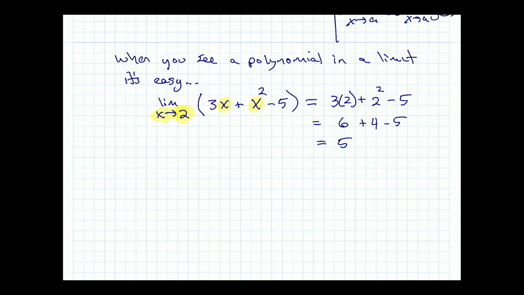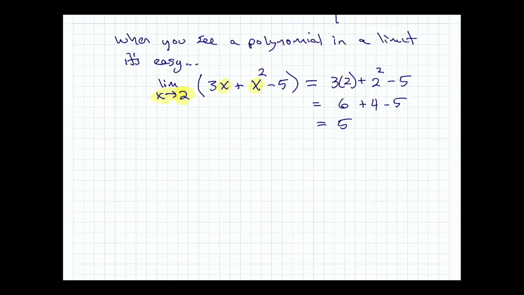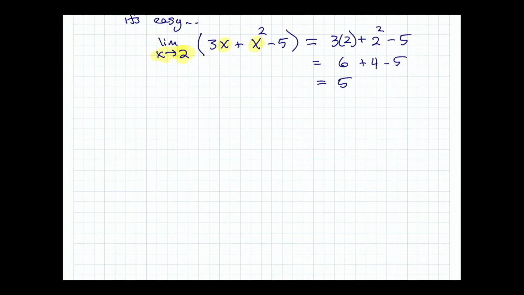Okay? Now, if that's all you do, then why do we have 2 more homework assignments on evaluating limits this way? The reason we do is because there are going to be some limits that you can't just plug the numbers into, because you're going to get something that's undefined. Okay, so let's see, what does that look like?